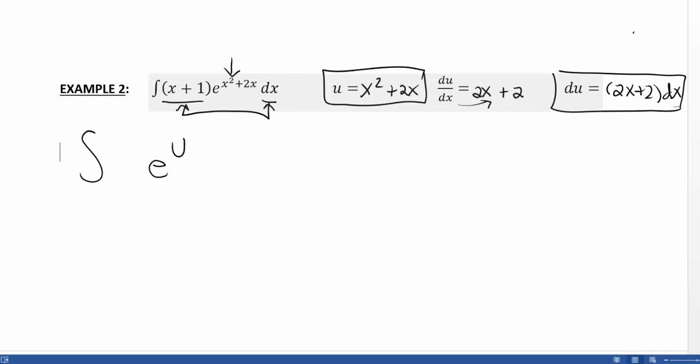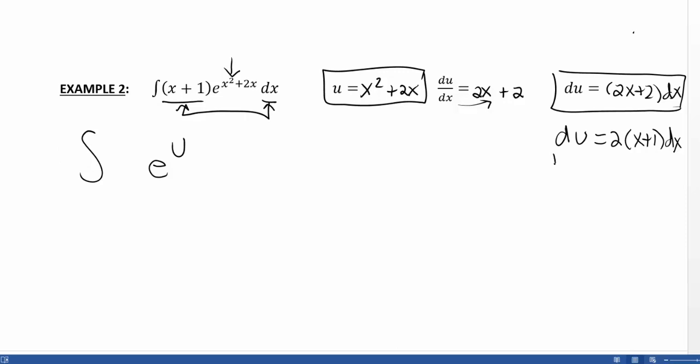Because if I'm only different by a constant, I can finish my problem. What I notice here is that if I factor out a 2, I get du equals 2 times x plus 1 dx, which means that I'm only different by a factor of 2, and that's a constant.